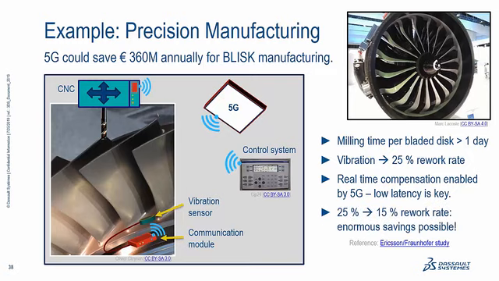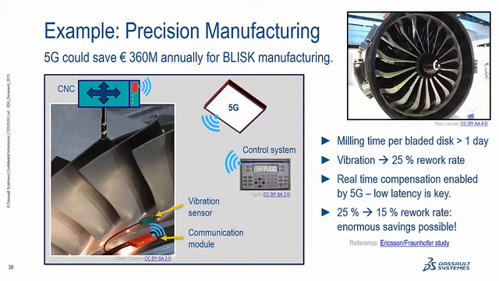Using this, it's estimated that we could have a 10% reduction in the rework rate, which could lead to enormous savings. The estimate of the study was that enabling 5G just for Blisk manufacturing could save about 360 million euros annually.